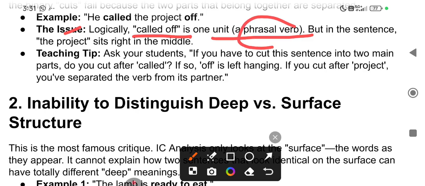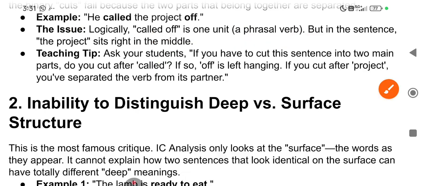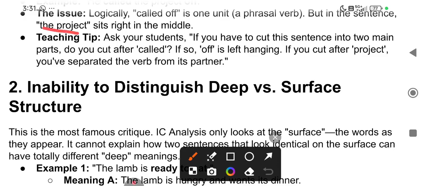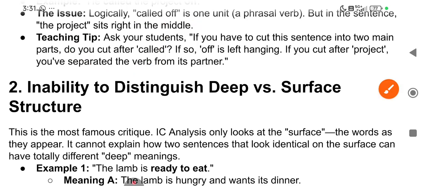It's a phrasal verb, because it is two words, so it's a phrase: the verb call and the preposition off. But in the sentence, "the project" sits right in the middle, the group of words that comes between call and off.